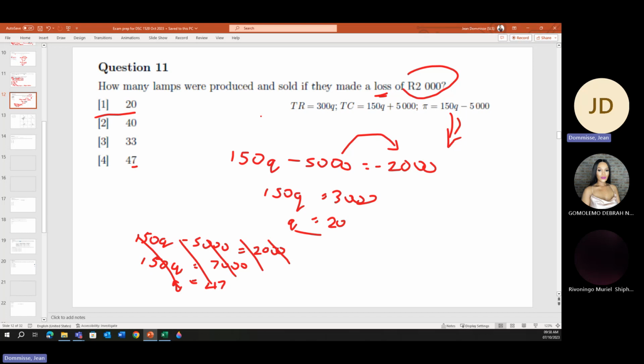Okay, so again, just be careful what they're actually asking you in the question. Let's just quickly check. If it was break even, that would have been equal to 0. So 150Q would have been equal to 5,000.